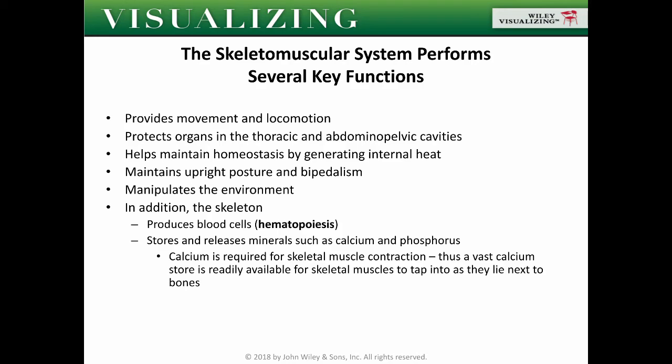What are the key functions of your skeletal-muscular system? You have movement and locomotion. Aside from that, it also protects the organs in the thoracic and abdominopelvic cavities. The organs in your thoracic cavity, the very important ones, the heart and the lungs, are protected by your rib cage, and the pectoral muscles and the intercostal muscles.